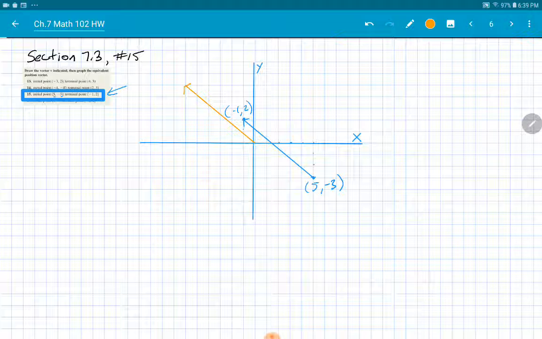I'm sorry. And this thing I want to label with my position vector name, which is the horizontal component, which is the length of that line, which is -6, and the vertical component, so that's the length of that line, 1, 2, 3, 4, 5.